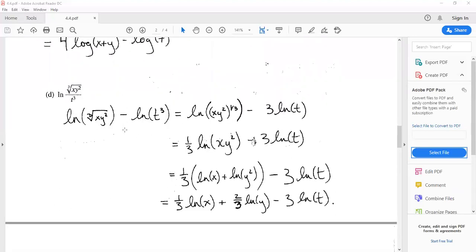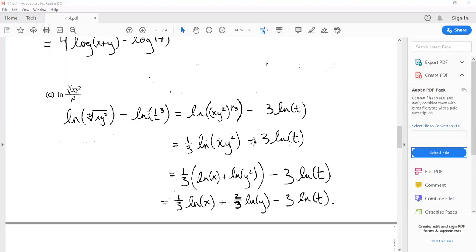Okay, and the last example here for this part is natural log of, oh gosh, the cube root of xy squared, then divided by t cubed. So the first thing I see is the fraction. So I'll break up the logarithm into the difference of two different logarithms. We have natural log of the cube root of xy squared minus the natural log of t cubed. And now I know this might be something from our distant past, but the cube root can be written as an exponent, as the exponent 1 over 3.